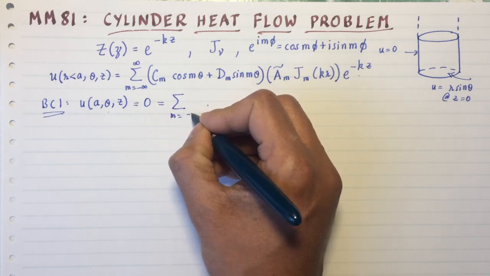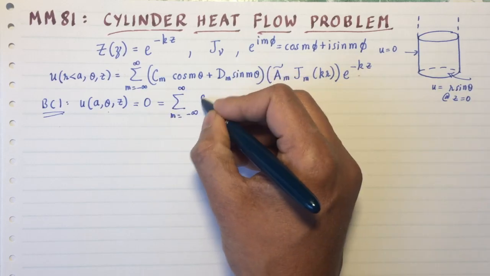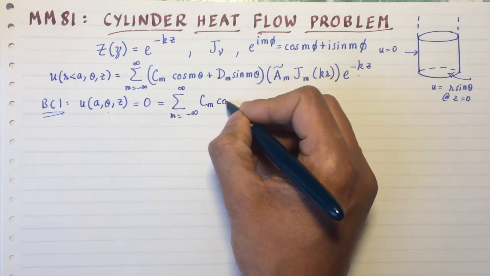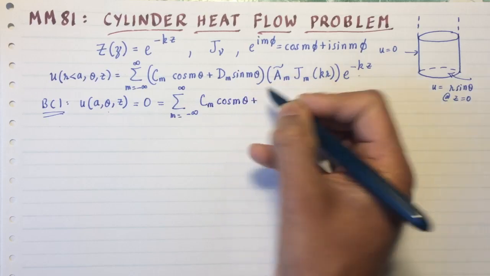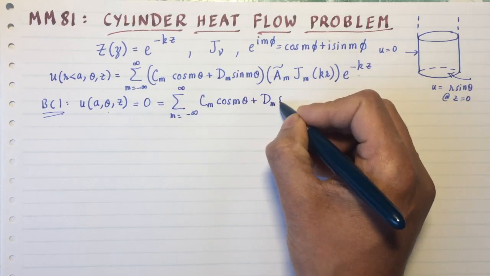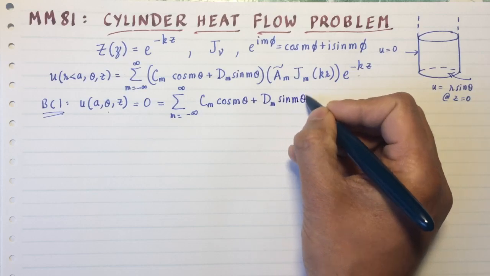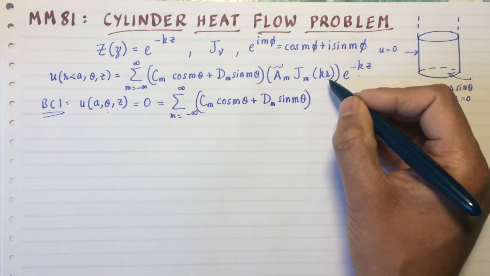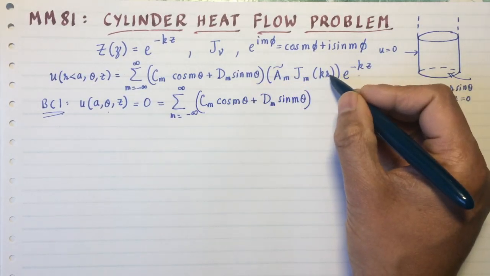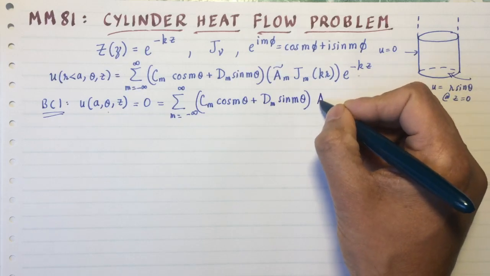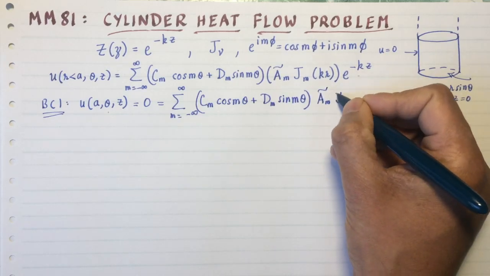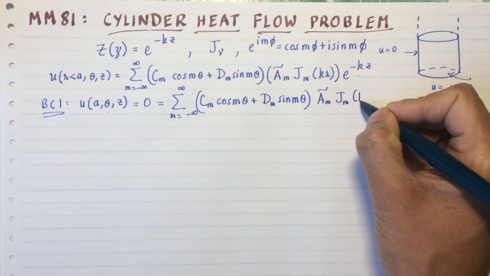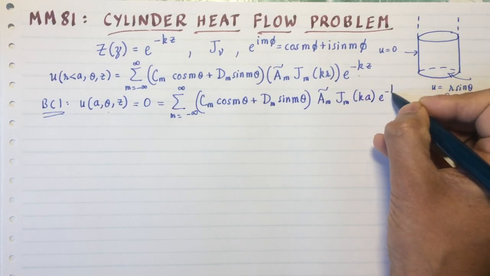The sum from m equals minus infinity to plus infinity, c_m cosine m theta plus d_m sine m theta, I'm going to put r equals a here, a_m tilde J_m(ka) e to the minus kz.